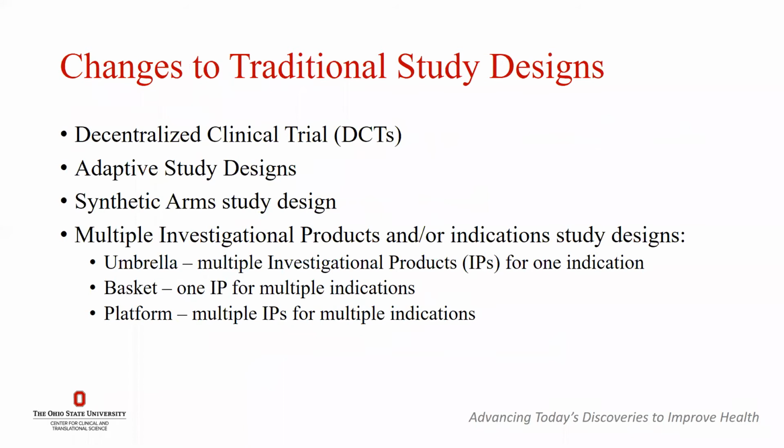There are adaptive study designs, synthetic arms to study designs, and multiple investigational products, where you may have multiple products being tested for one indication. Basket is one where you have only one investigational product for multiple indications. And then a platform is something that's kind of a mixture.